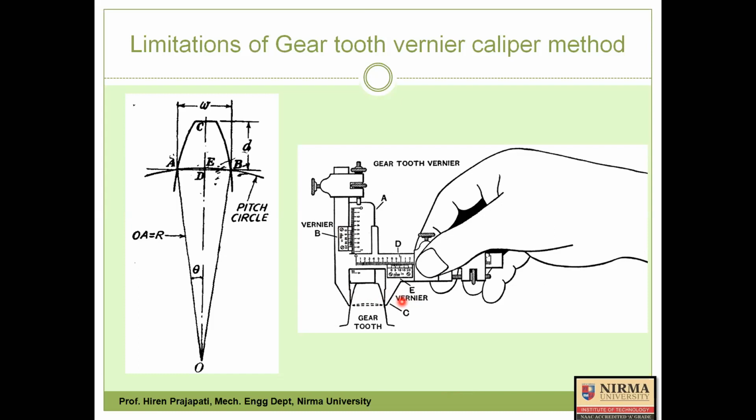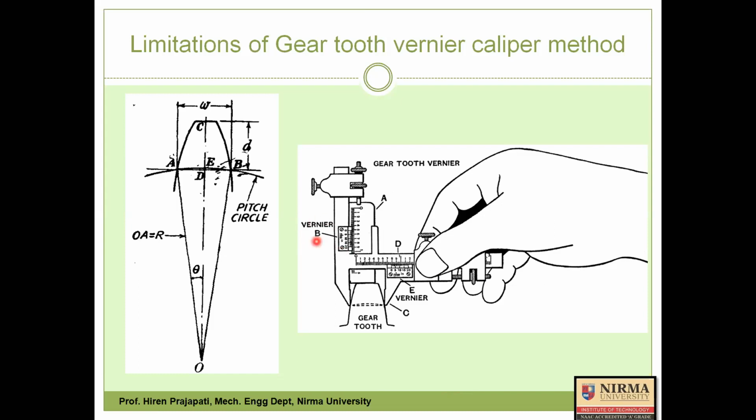In that way, the constant chord method is more advantageous compared to the gear tooth vernier caliper method, because in the gear tooth vernier caliper method, if you take two gears with the same module but different numbers of teeth, you need to change the vernier B setting again. But with the constant chord method, two gears with different numbers of teeth but the same module have the same constant chord depth.